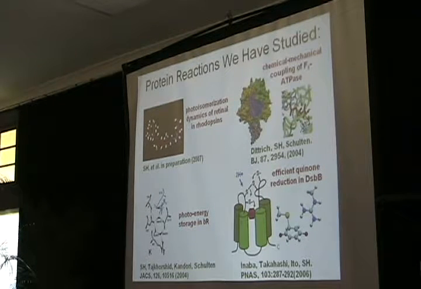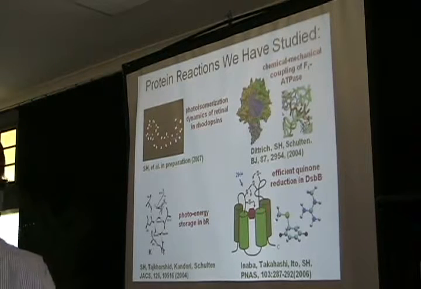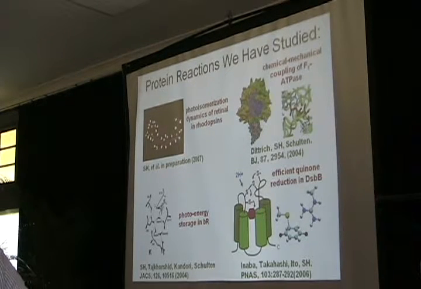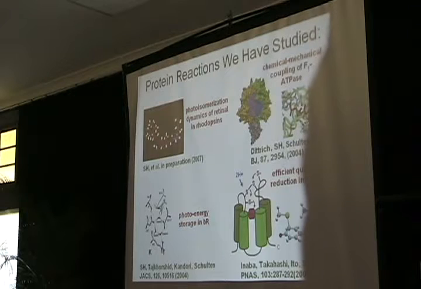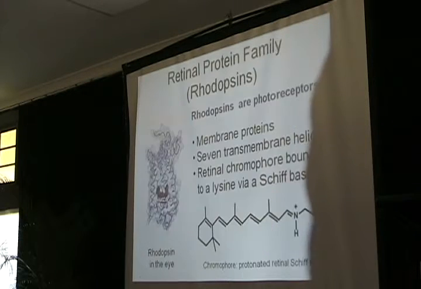And also we did some quinone reduction in the SPB enzyme, but I don't talk about that. Today I concentrate on the study of photoisomerization dynamics of retinal in rhodopsin, which is, I believe, relevant to the issues in this conference.